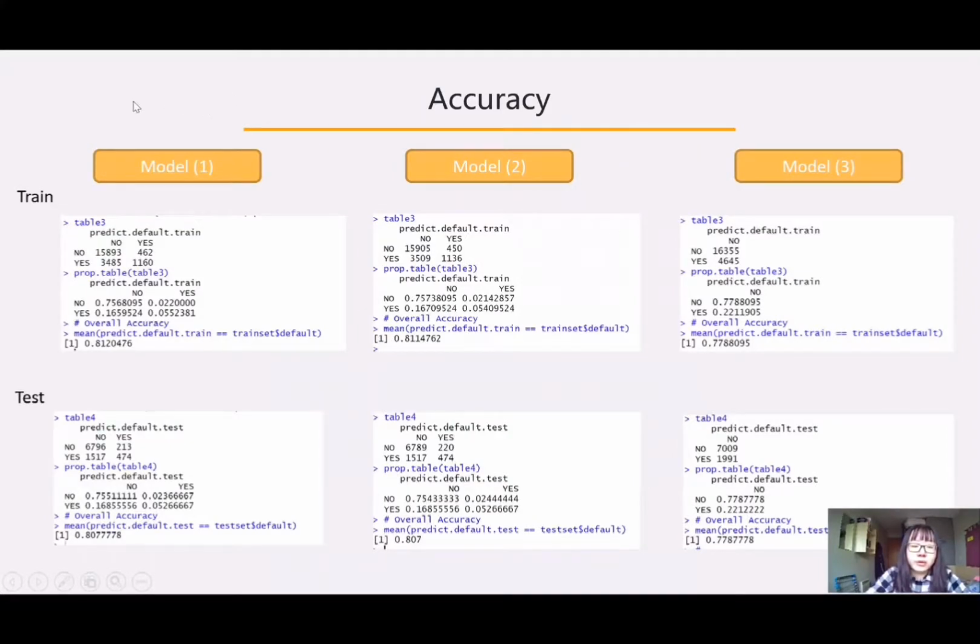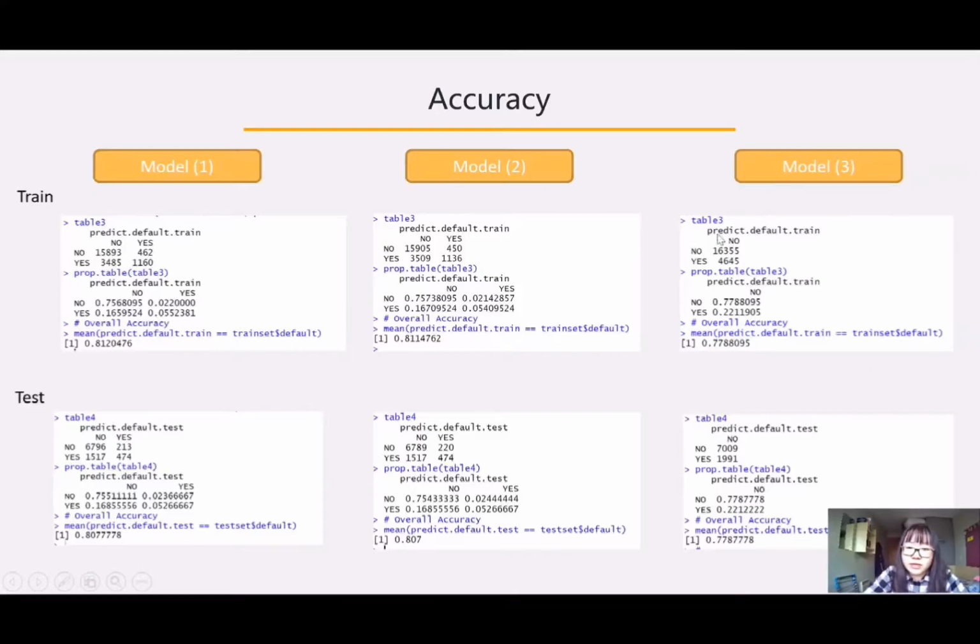And now we can look at the accuracy of these 3 models. The accuracy of model 1 and 2 is about 81%, and the accuracy of model 3 is about 78%. If we look at the detail, this number is very important, and this number is not as important as this, because this number means the company will lose money, and this number, they just lose some potential clients, not a big deal.